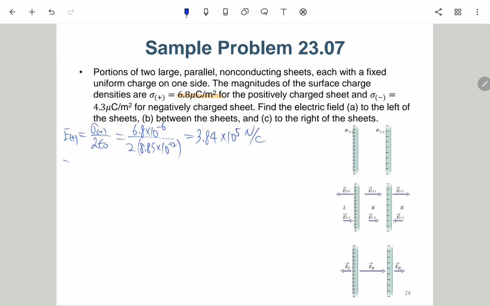For E minus, similarly, we have sigma minus over 2 epsilon naught, which is 4.3 times 10 to the negative 6 over 2 times 8.85 times 10 to the negative 12. This is 2.43 times 10 to the 5th power Newton per coulomb.